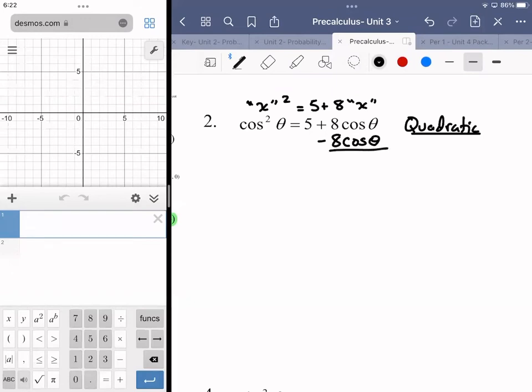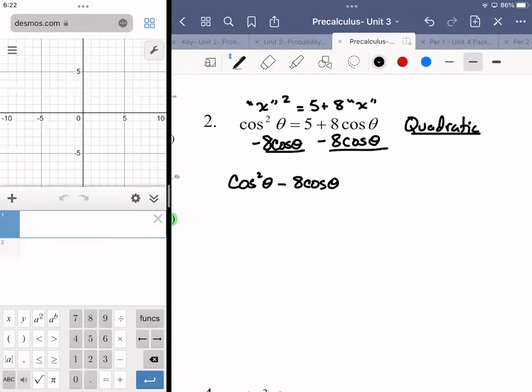I'll do it in separate shots here. All right, so cosine squared theta minus 8 cosine theta, those aren't like terms, because just like you can't add an x squared and an x because one's a power of 2 and one's a power of 1. Those aren't like terms. They don't have the same power.